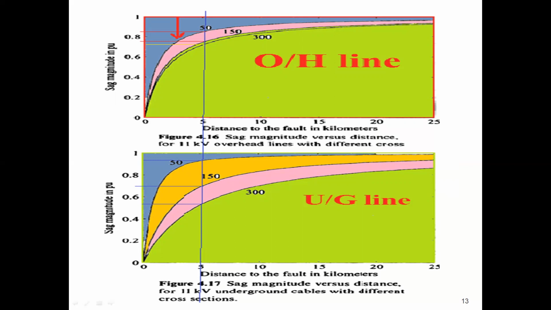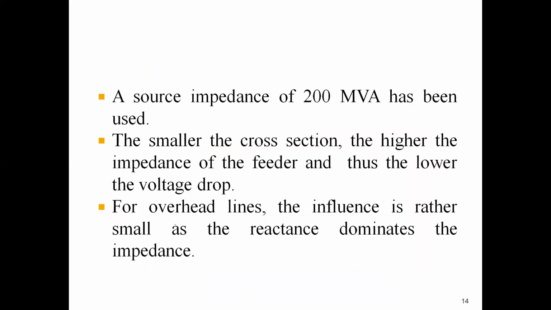You can try to observe and draw the conclusion from this. This is already indicated here, how it is scattered. A source impedance of 200 MVA has been used here. That's the data. The smaller the cross section, the higher the impedance of the feeder, and thus the lower the voltage drop.